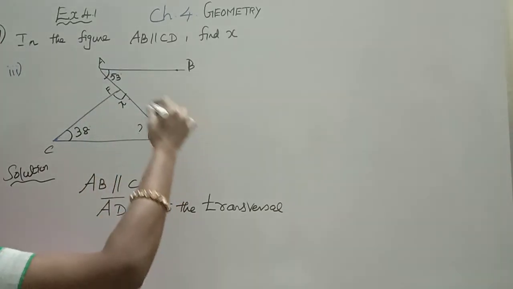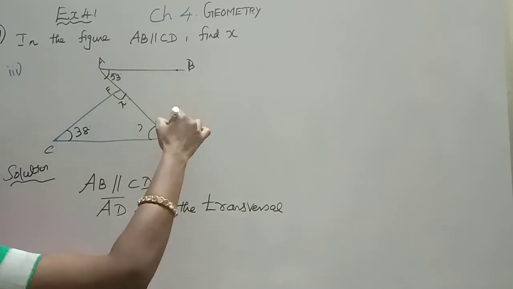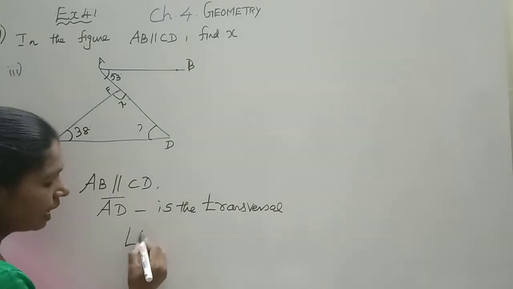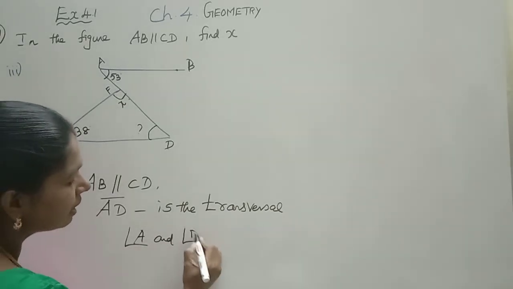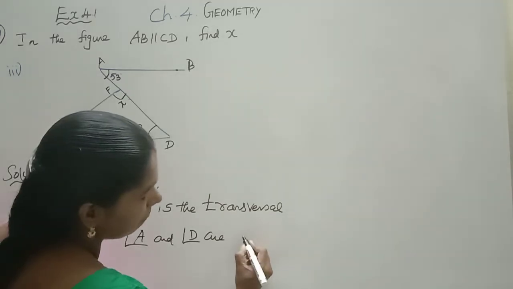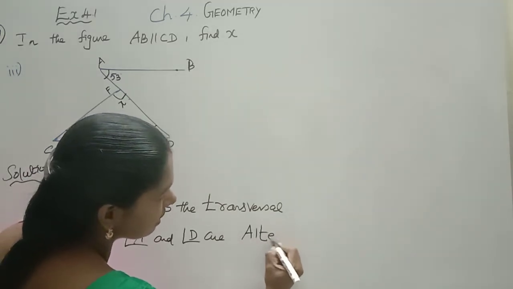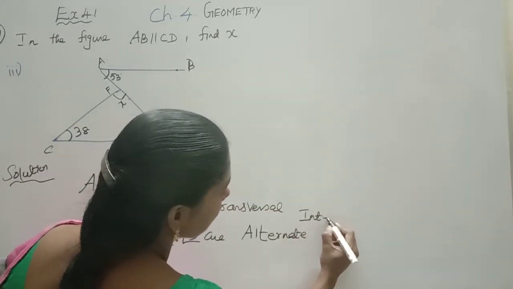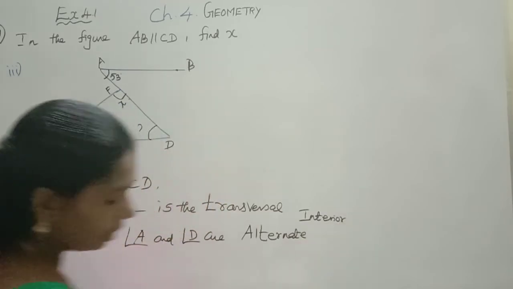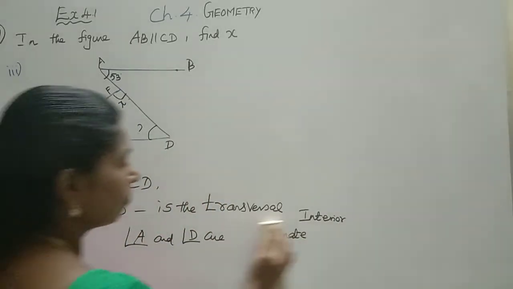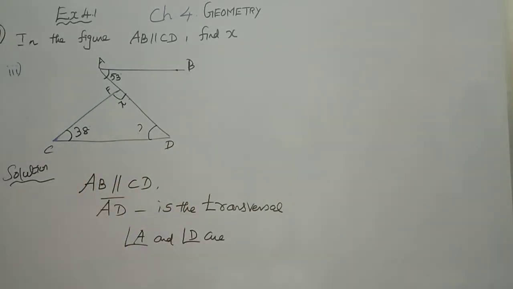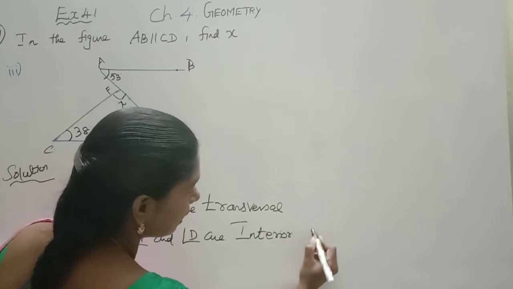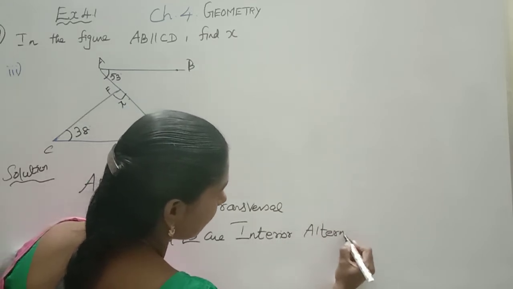Here AD becomes a transversal, so angle A and angle D are alternate interior angles, or interior alternate angles, because they lie inside the transversal.